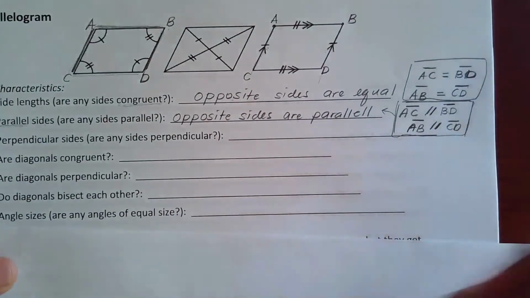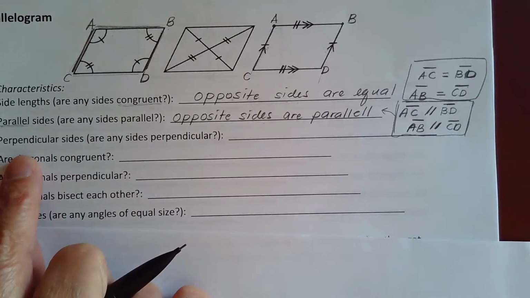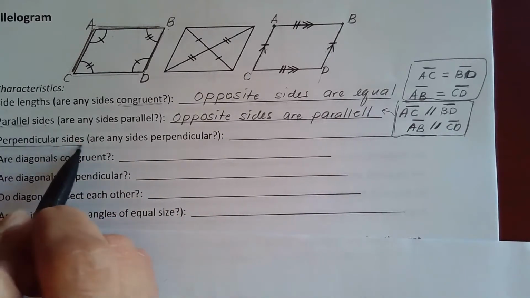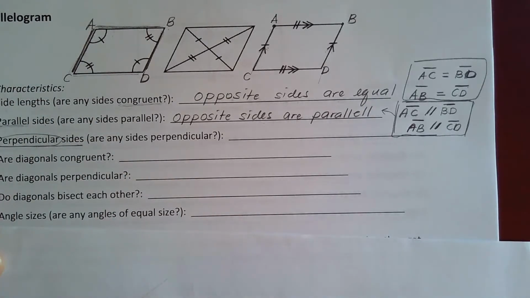Okay, so let's take a look at this one. Perpendicular. Okay, well, what's a perpendicular again? Perpendicular means two sides that are creating a 90-degree angle. Any sides that are perpendicular?